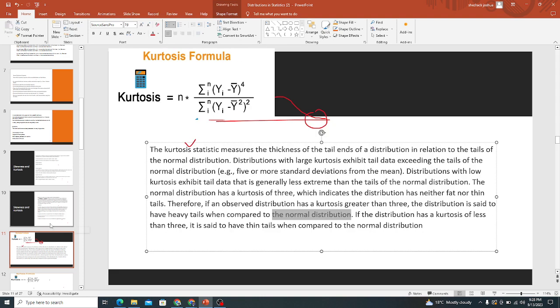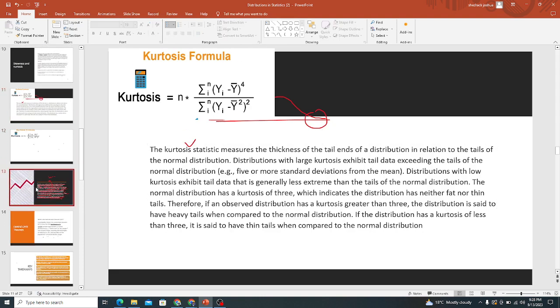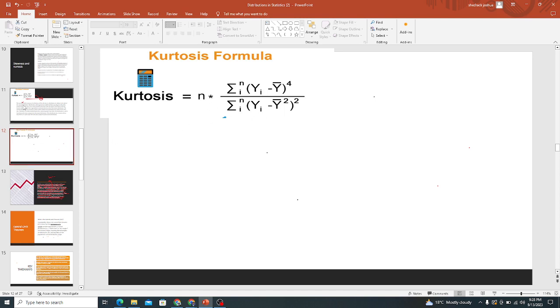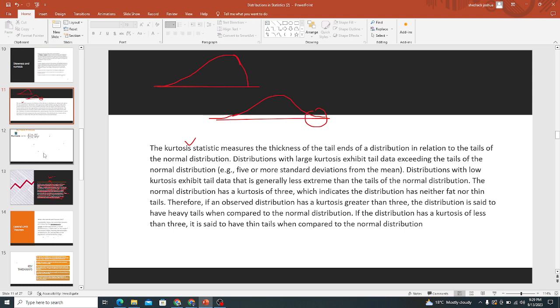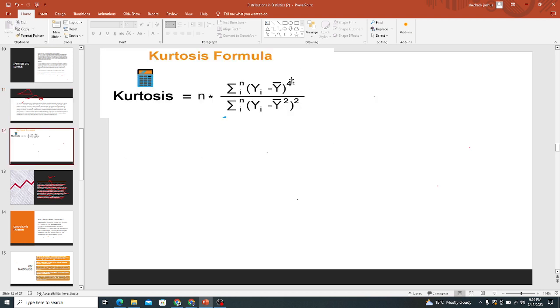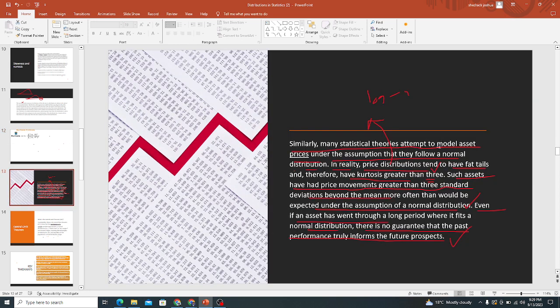Let's now continue. As I had said, this is the formula for kurtosis. You can see it's the fourth moment. Then we are saying in this illustration that similarly many statistical theories attempt to model asset prices under the assumption that they follow a normal distribution, but in reality price distributions tend to have fat tails, and therefore they usually have a kurtosis greater than 3.